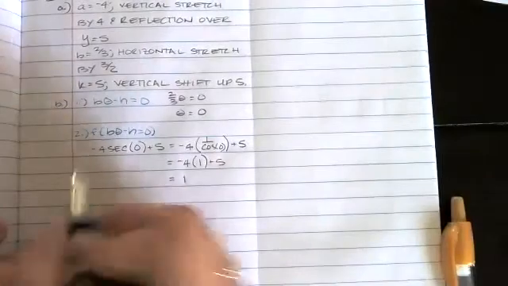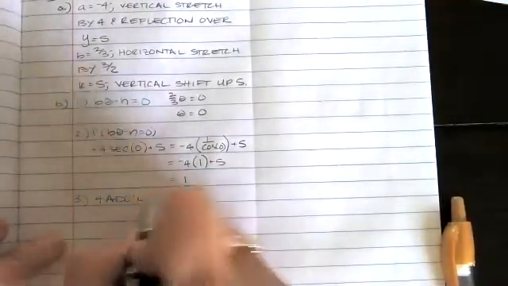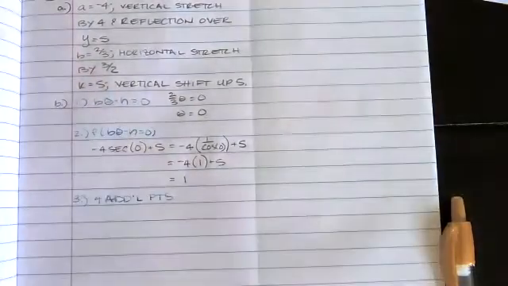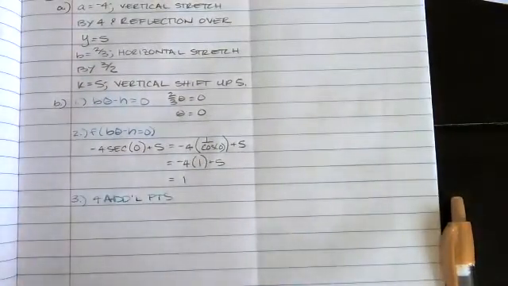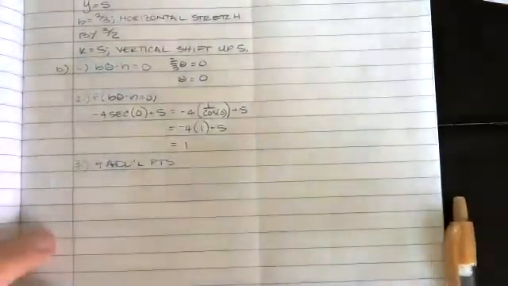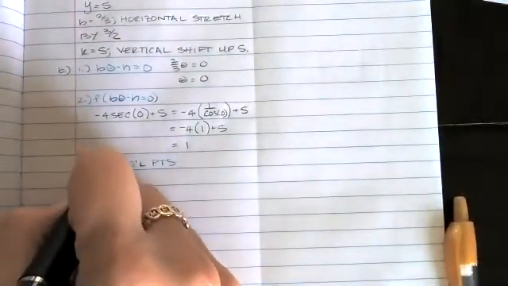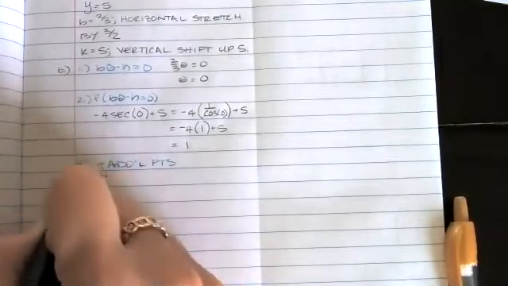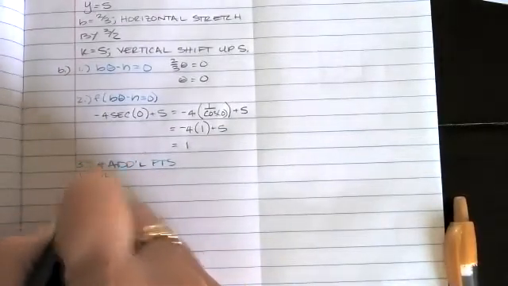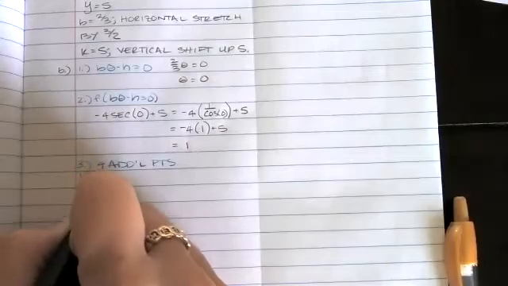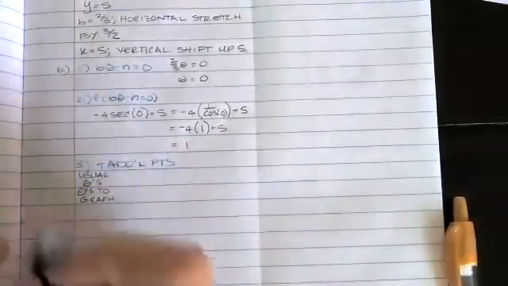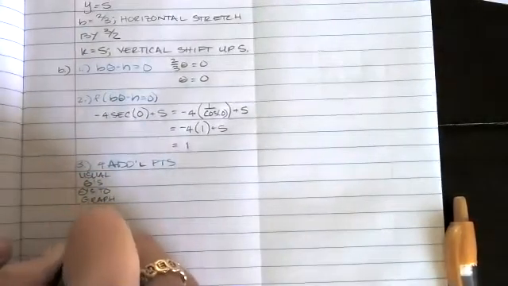Our third step will have 4 additional points. So we've got our usual theta, our thetas that will graph because of this horizontal stretch, and then our y coordinate.